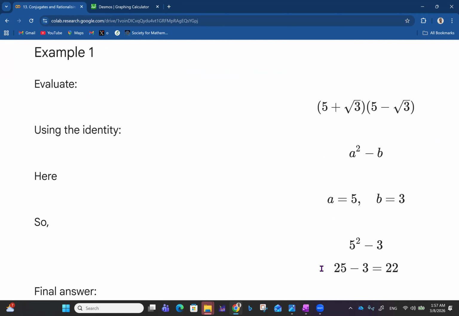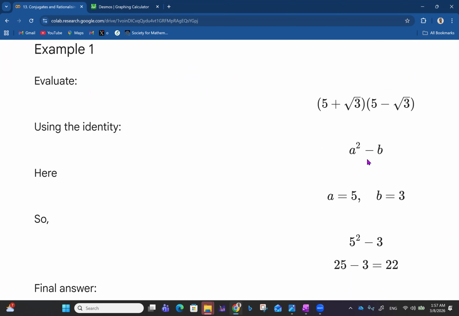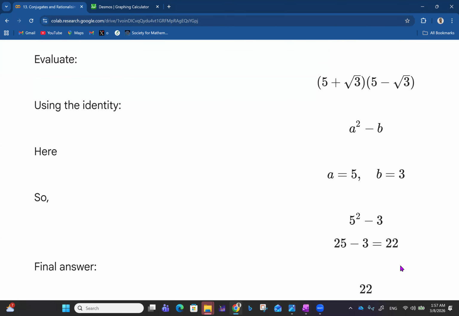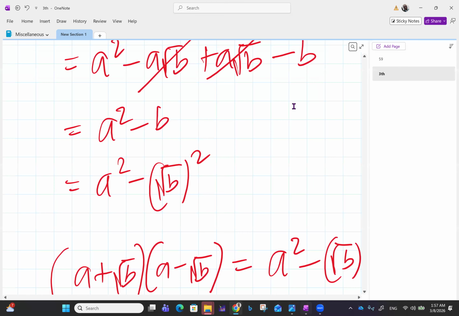So look at this example. Example 1: 5 plus root 3 into 5 minus root 3. If you use a squared minus b, that's 5 squared minus root 3 squared. 5 squared minus 3, so you just have 22 easily. Or if you want to do it another way, 5 plus root 3 into 5 minus root 3.